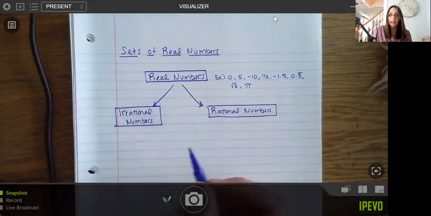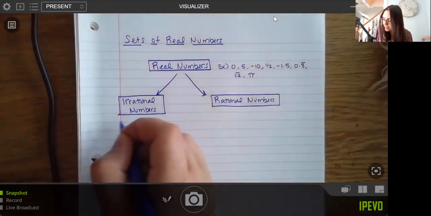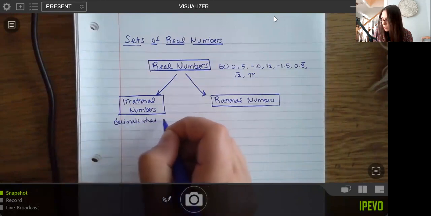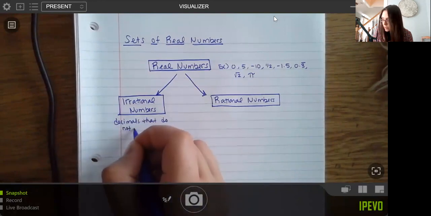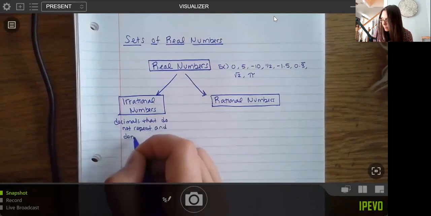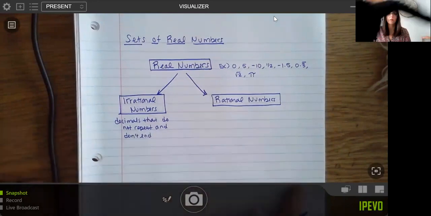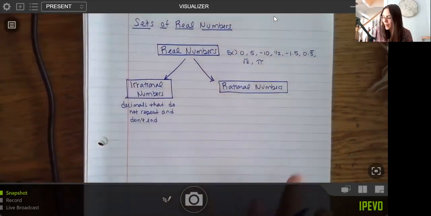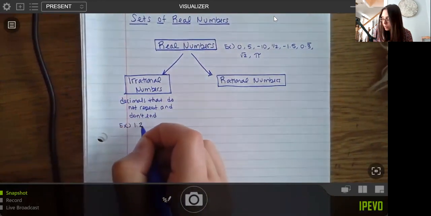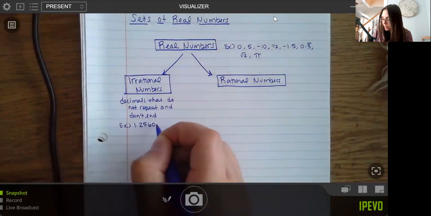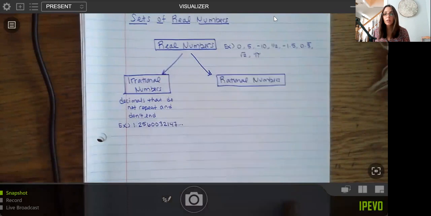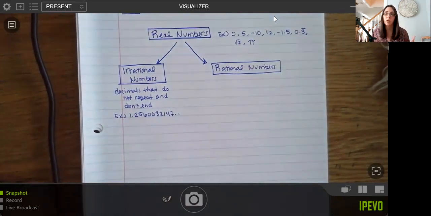Okay. So your irrational numbers, these are basically decimals that do not repeat, so there's no pattern, and they don't end. So for example, I'm just gonna make this up, something like 1.256003214, etc. So there's no pattern there, it's not repeating, it's just gonna continue on forever.